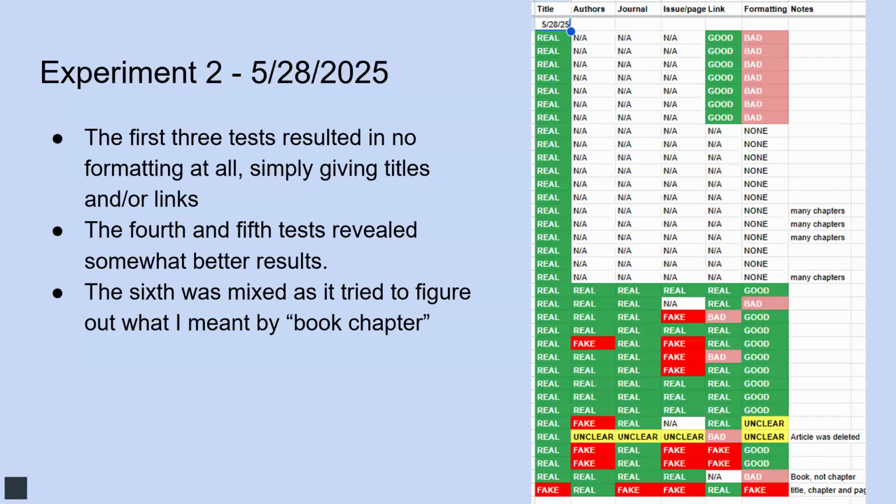And then for the book chapters, it gave me 1 book chapter title with incorrect information, a book, and a real author who writes about green tea, and everything else about it was fake. So at this point, I'm a little stressed.